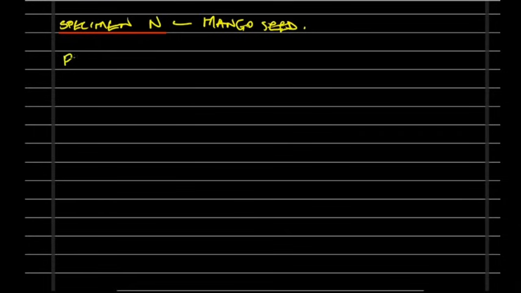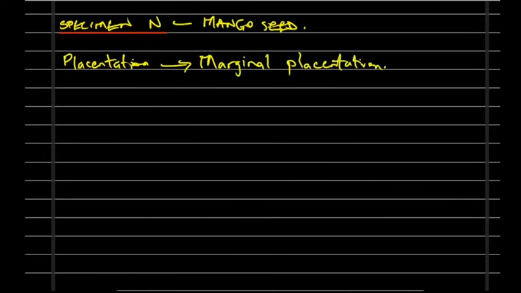It has marginal placentation, and then when we look at the type of fruit that it is, it is a drupe. So what do you mean by a drupe?